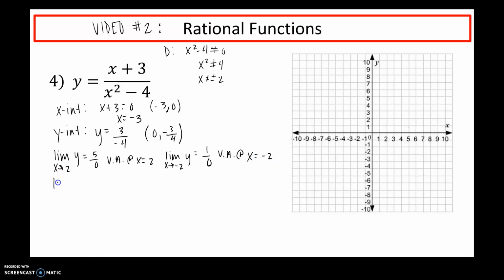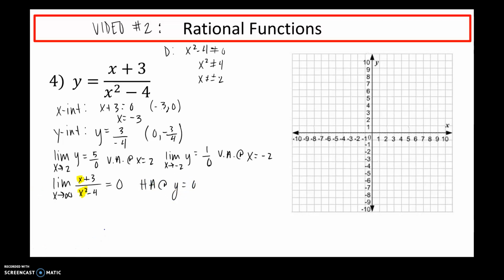All right. Horizontal asymptote, we'll talk about the limit as x approaches infinity. So now at infinity, we have to check top heavy, bottom heavy, equal. So I compare highest exponent in the numerator with highest exponent in the denominator. It's a bottom heavy function, so my limit is 0, and therefore I have a horizontal asymptote at y equal to 0.